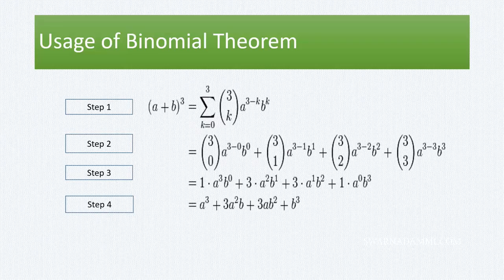Step 2 equals 3C0 a to the power 3 minus 0 b to the power 0 plus 3C1 a to the power 3 minus 1 b to the power 1 plus 3C2 a to the power 3 minus 2 b to the power 2 plus 3C3 a to the power 3 minus 3 b to the power 3.